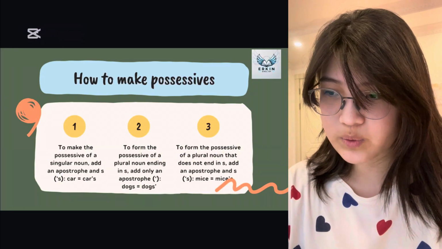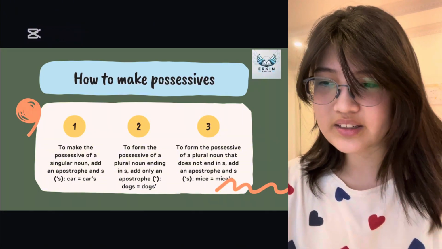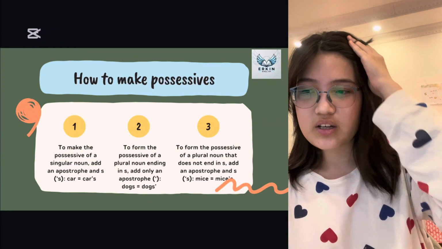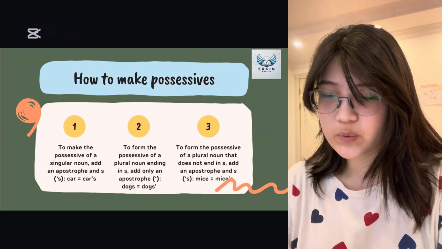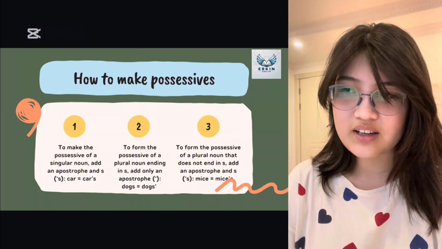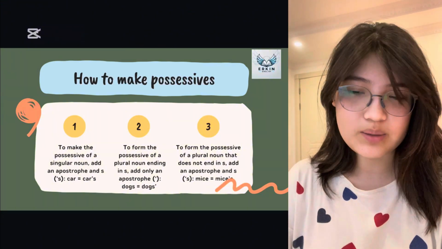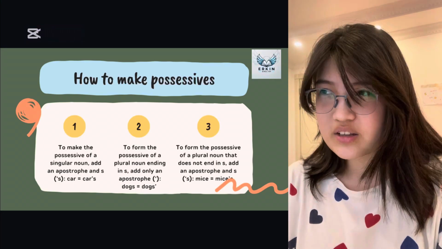So here in this example, instead of using cars, we use dogs, and instead of adding an apostrophe and an S, like in the first rule, we only add an apostrophe. And here we can see dogs' owner, for example, where there are multiple dogs and they all share one object, or it doesn't even have to relate to one object. It can mean that the dogs own multiple other objects. For example, the dogs' houses.